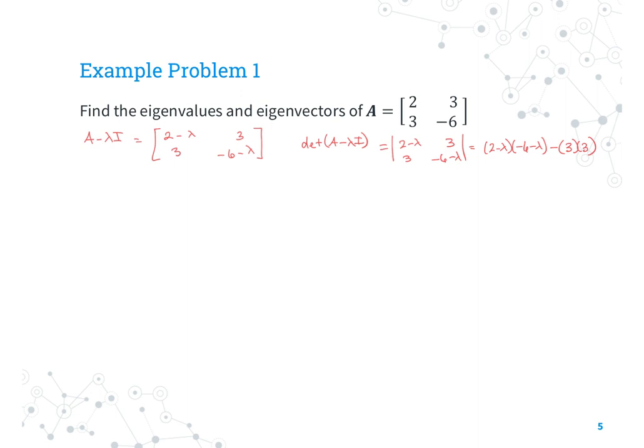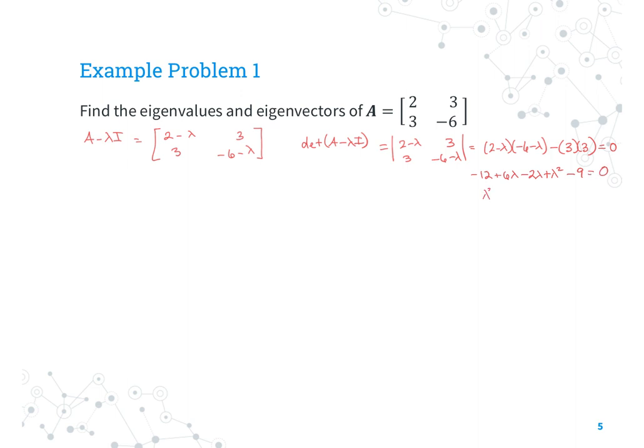So we want to set it equal to 0 and solve for lambda. In this case, 2 times negative 6 is negative 12, plus 6 lambda, minus 2 lambda, plus lambda squared, and minus 9 is going to equal 0.